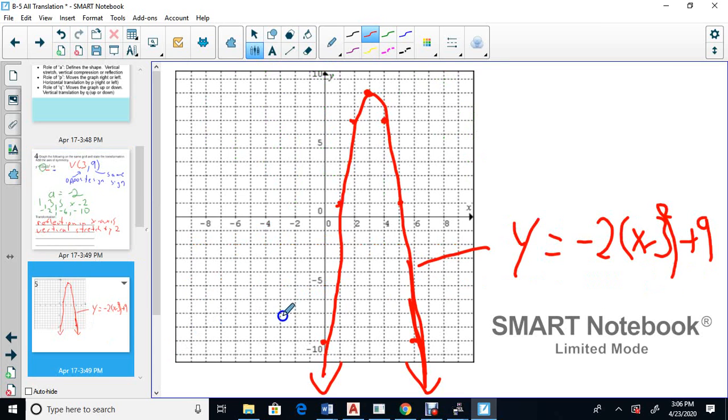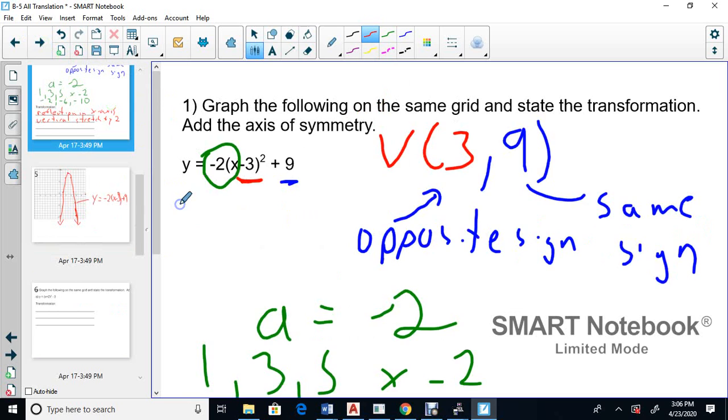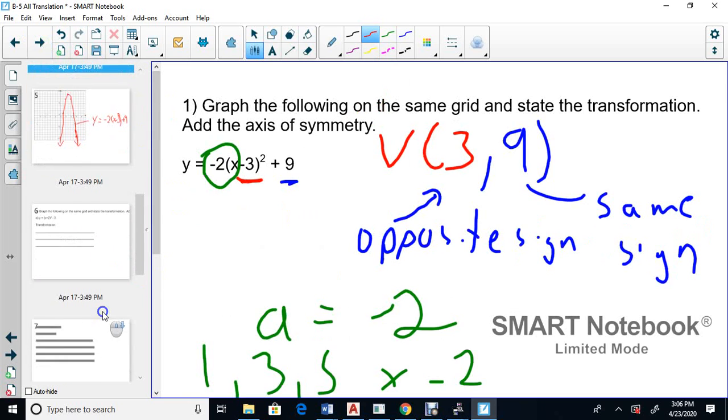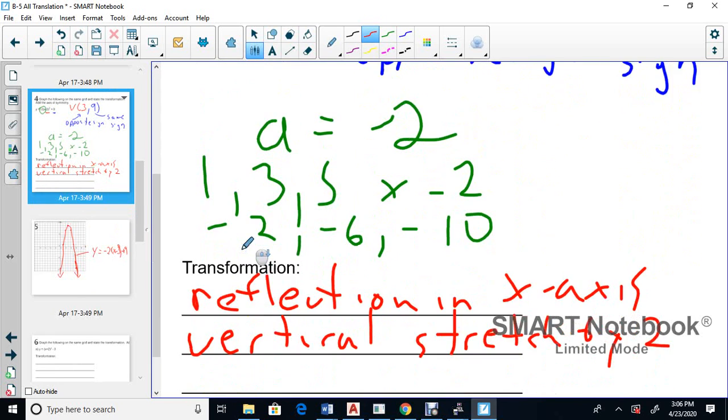Okay, now we have to see where it moves. Here, I like graphing it first and then doing them. But it goes 1, 2, 3 to the right, 1, 2, 3, 4, all the way 9 up. So 3 right. Over here, let's take a look. It's down here. So 3 right.